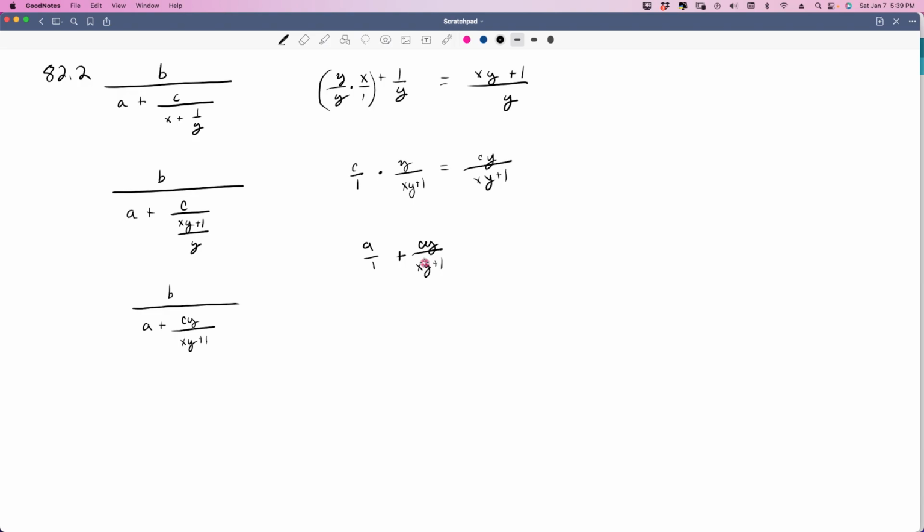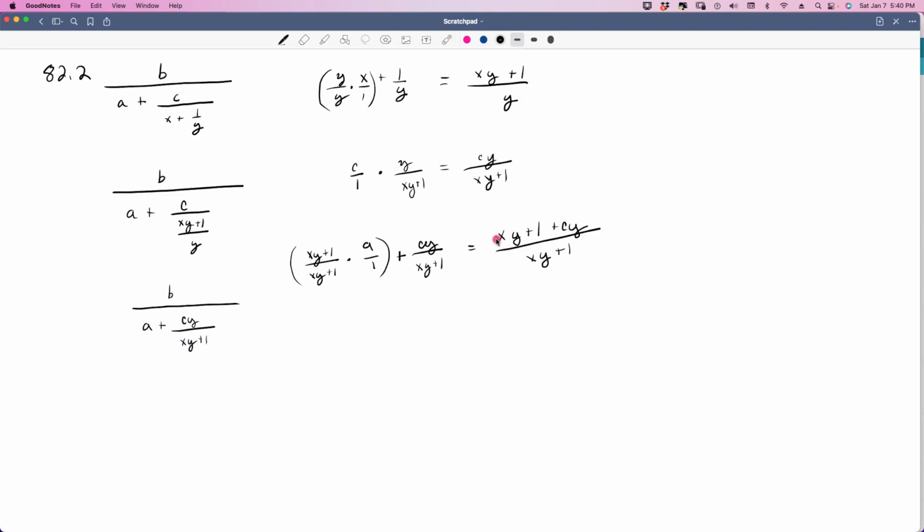Take my denominator, multiply it on the top and the bottom times my whole term, and then that gives me xy plus 1 plus cy all over xy plus 1. Now I can take this and replace the entire thing.